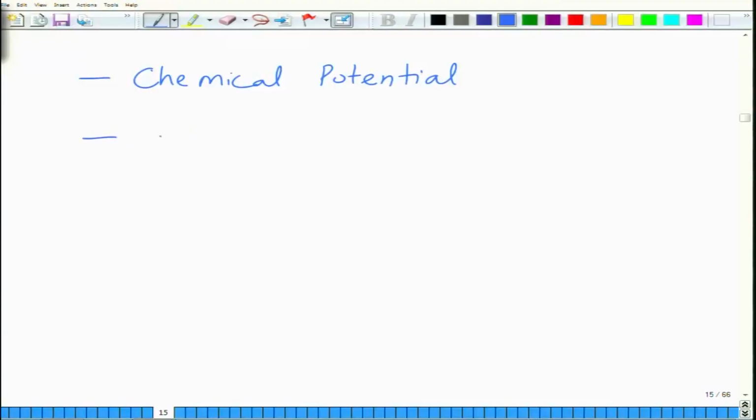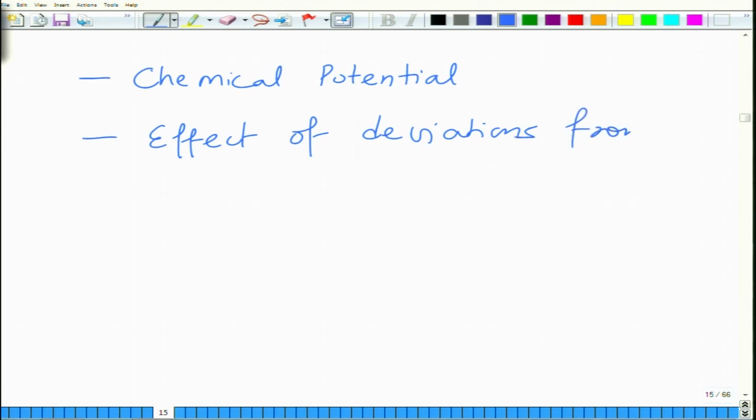Now we will look at chemical potential and regular solutions, and study the effect of deviations from ideality. That will make us understand what happens in reality.